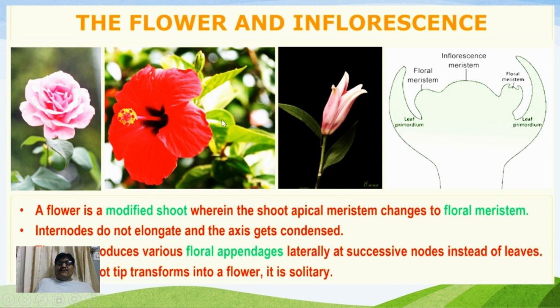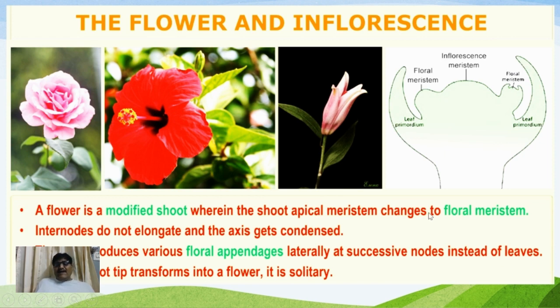Then I want to discuss the flower and inflorescences. Flowers and inflorescences are most required for the identification of plants. So flower morphology is the most important for the study of taxonomy and also morphology. A flower is modified from the shoot, wherein the shoot apical meristem changes into floral meristem.